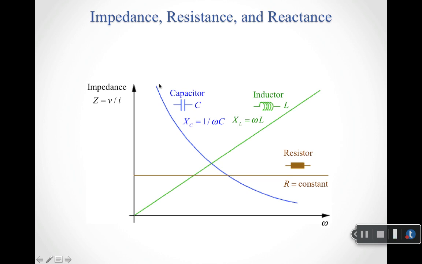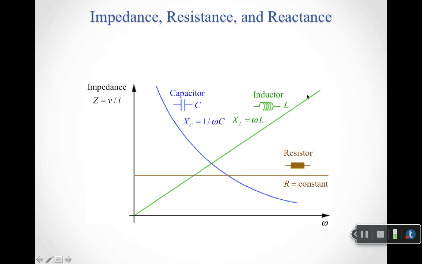And so what happens is, the capacitor has a very high reactance, so it greatly opposes changes at low frequencies. An inductor doesn't have any problem with changes at low frequencies. Instead, what an inductor does is it opposes changes at high frequencies.